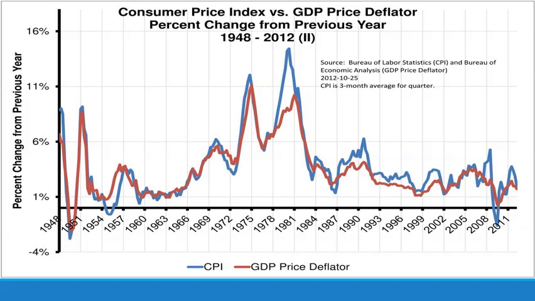So what we can say is that GDP and CPI for the most part will be consistent in terms of increasing and decreasing. But in terms of how they measure inflation, a good example of this is 1978 to 1984. The GDP price deflator is much, much lower than CPI is. So we're talking about a significant difference in terms of what the numbers actually come out to, even though they do tend to trend in the same direction.